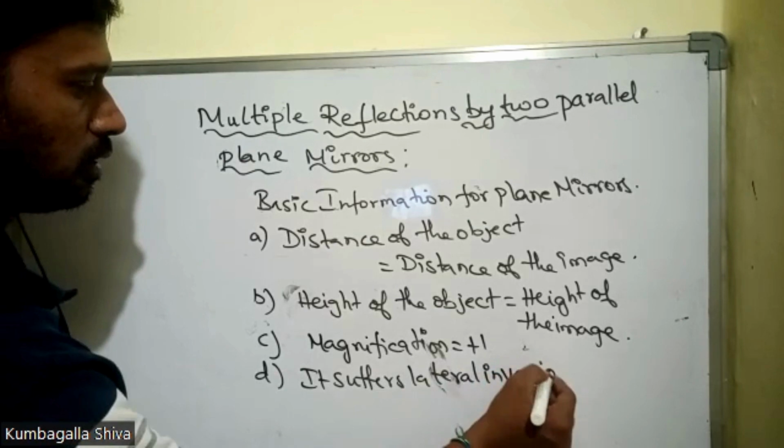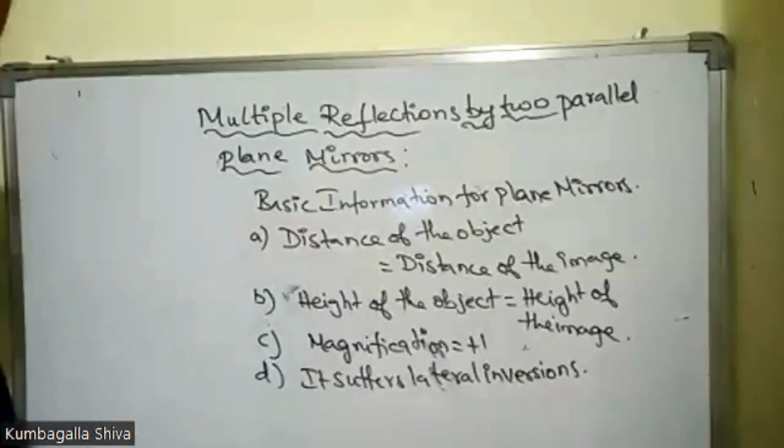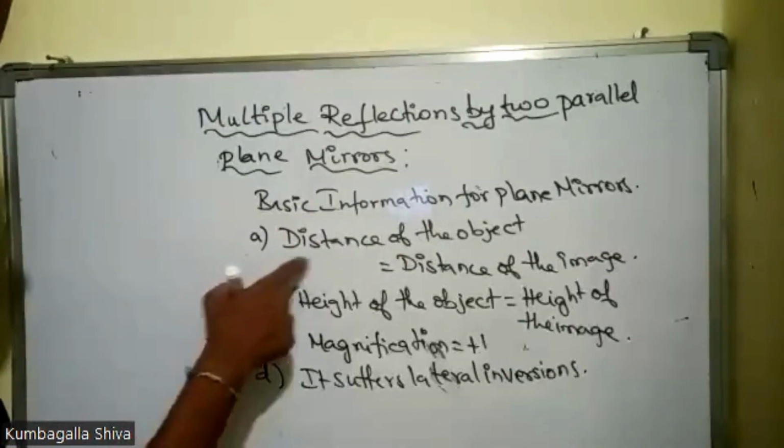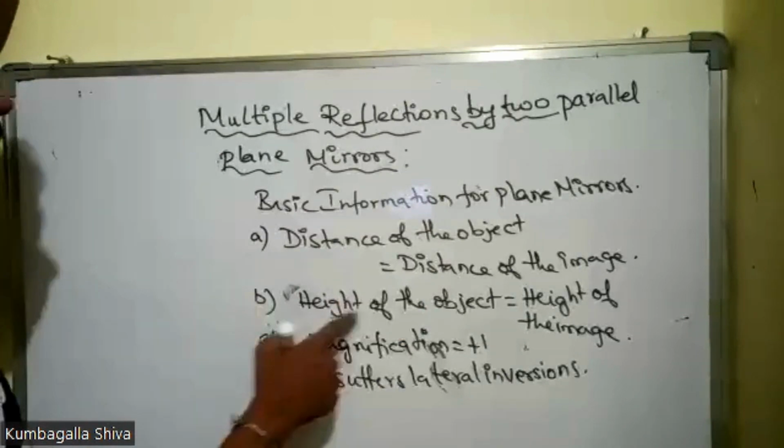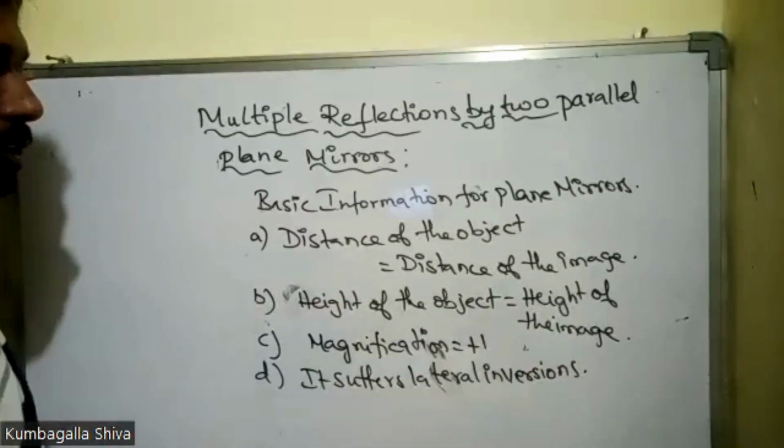So these are the properties we need to know going for the concept of multiple reflections by two plane mirrors. The first basic point is distance of the object to distance of the image, height of the object to height of the image, magnification is equal to +1.